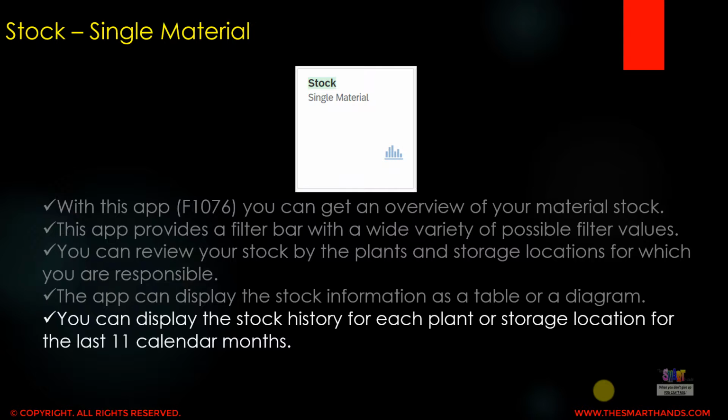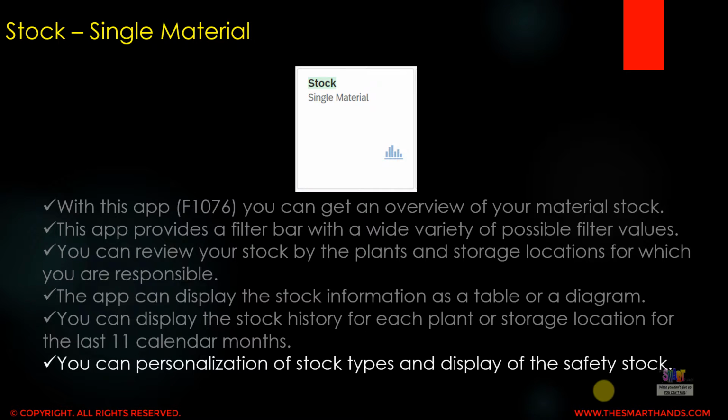What that means is, you not only can see the stock available as of today, but you can put any past date within the last 11 months and see the stock on a specific day. So we'll talk about it in a minute. And also you can personalize stock types and the display of the safety stock.